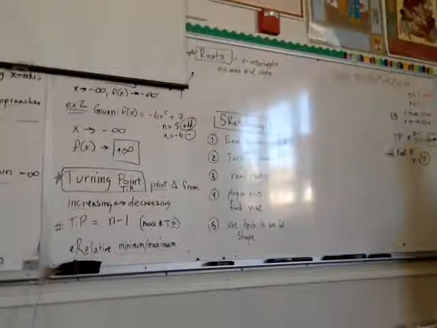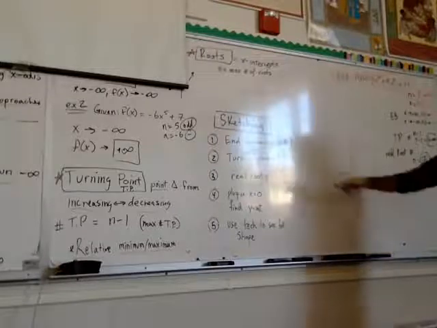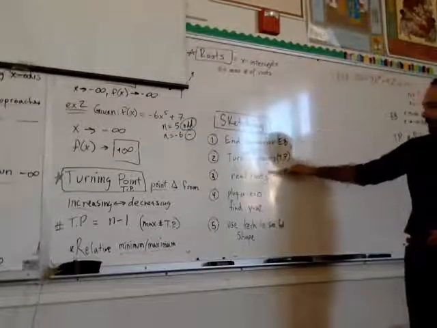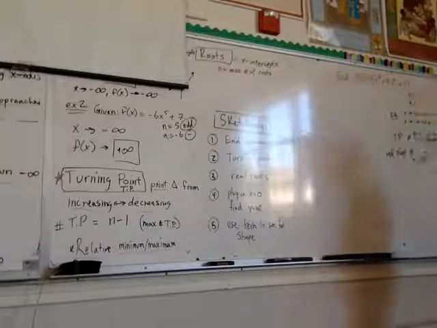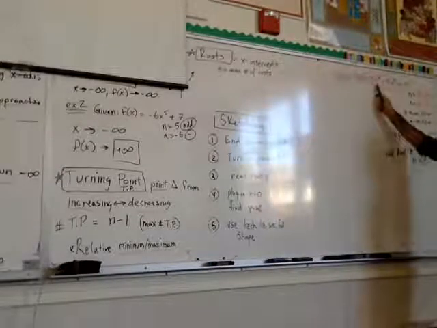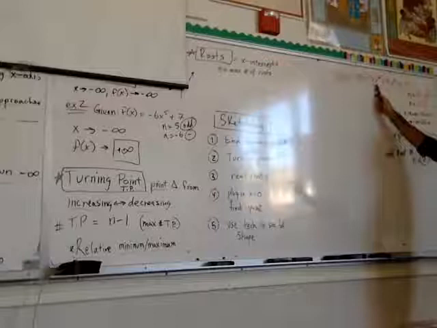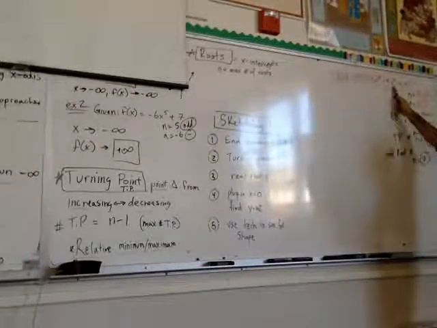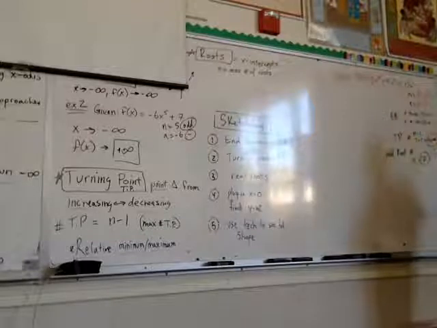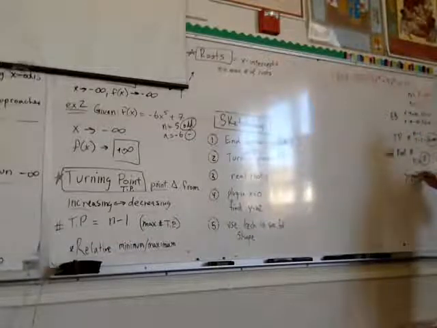Okay. So if I'm graphing this, I want to find end behavior, turning points, real roots. Plug in 0 for x to see where that y-intercept is. That's not hard. Watch. Plug in 0 here. What happens to the term? Cancels. It's 0. Here, 0. Here, 0. What's left? The y-intercept is equal to 4.